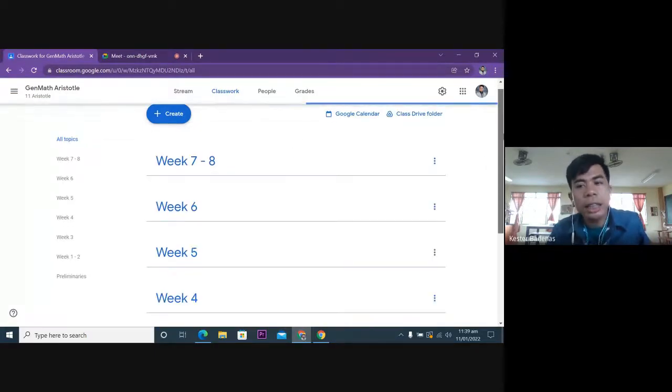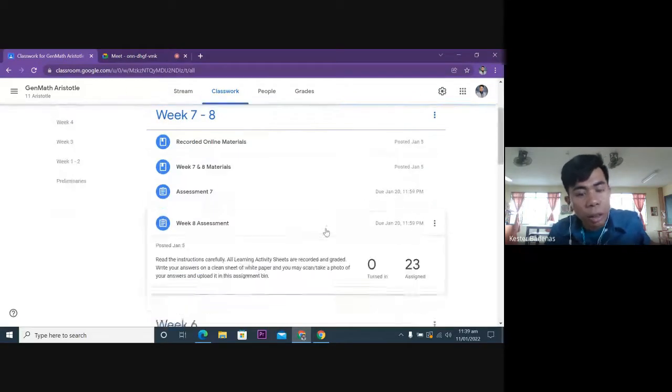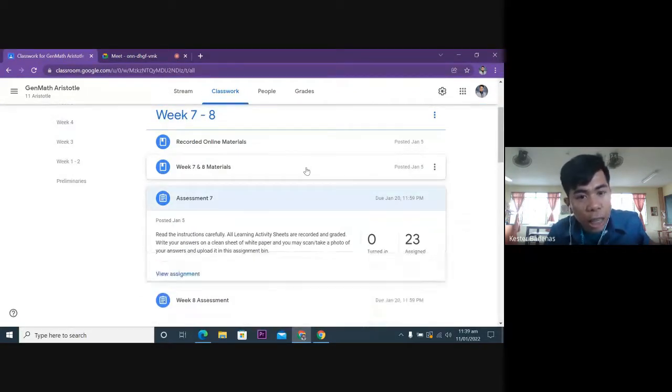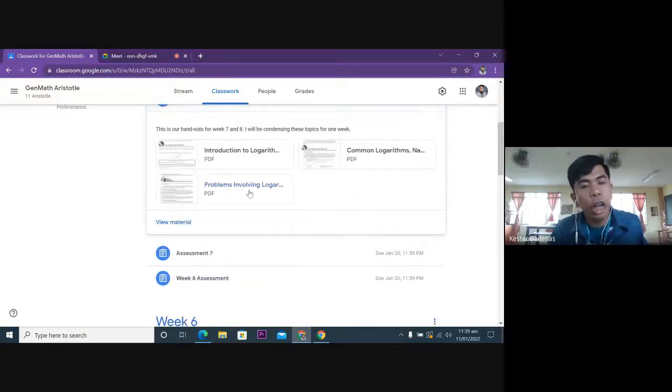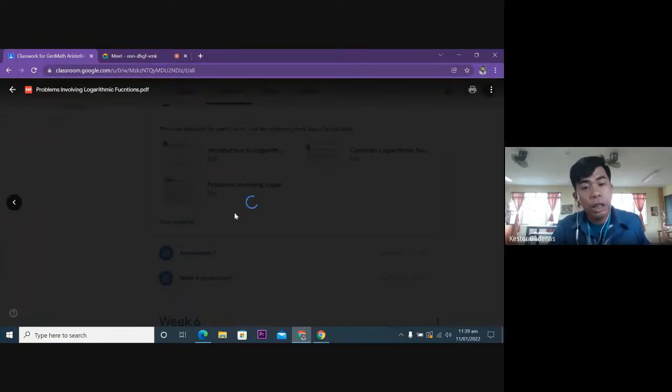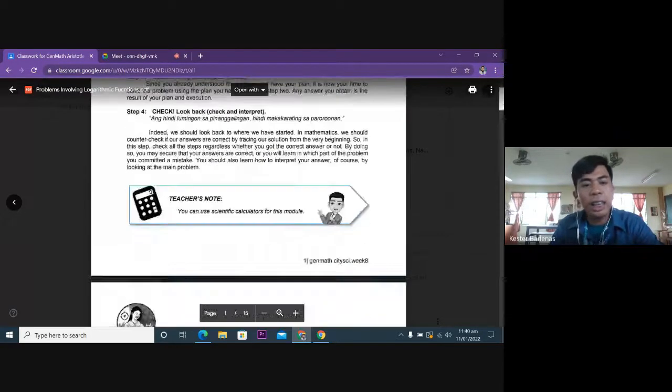Ito class yung isa, more on problem solving naman to siya. Pero madali lang to siya kasi given na yung formula. So you have your knowledge na with logarithm. So all you have to do is to apply this. Ayan. Nandiyan naman din yung module na. Nandiyan na rin lahat ng formula.